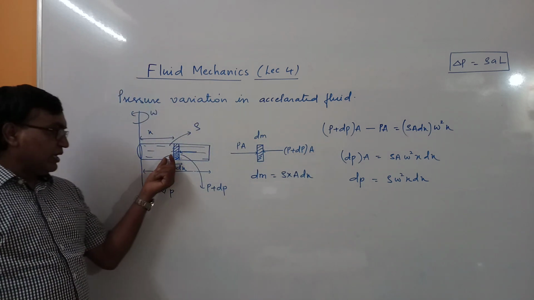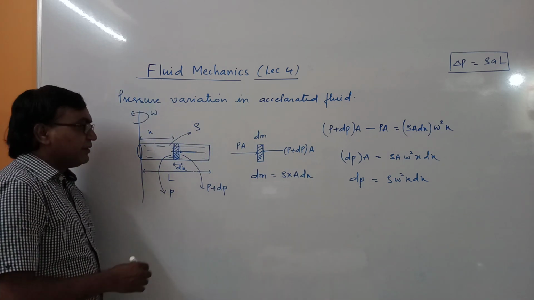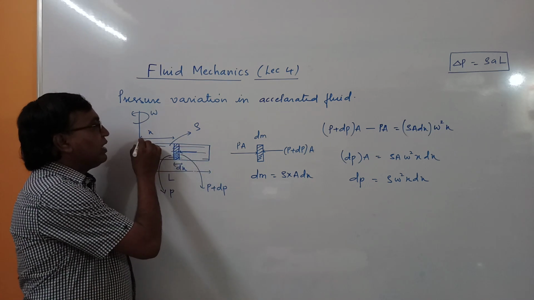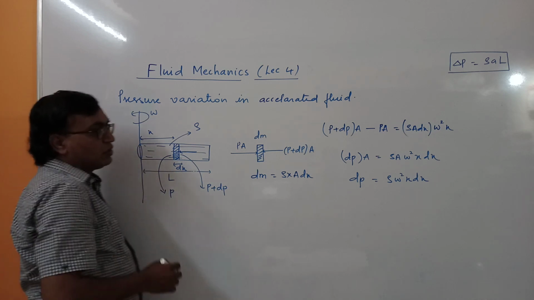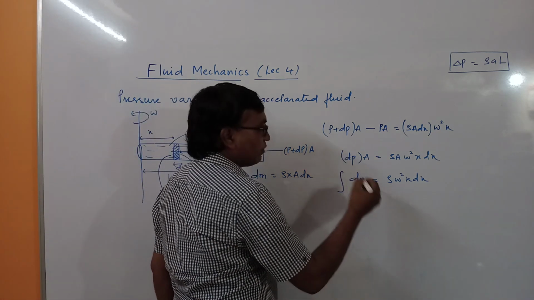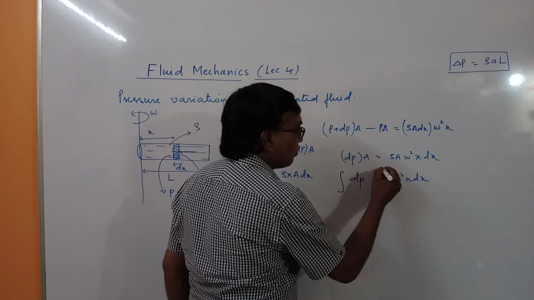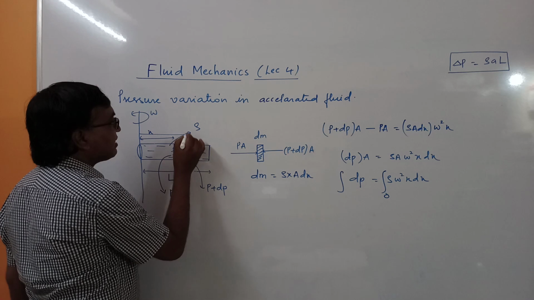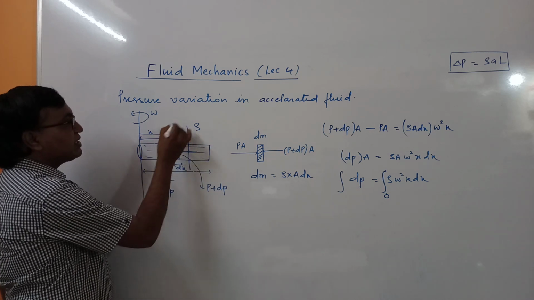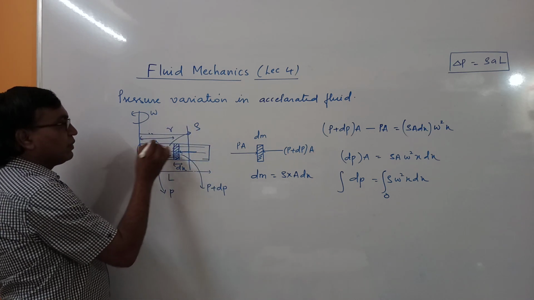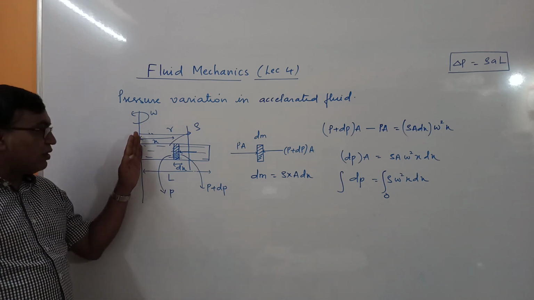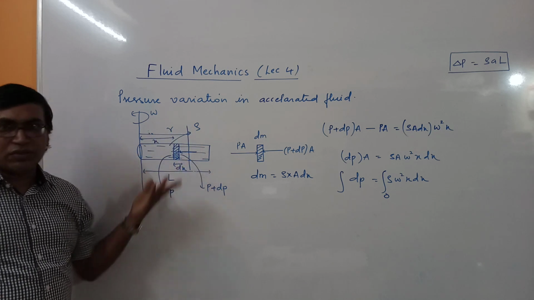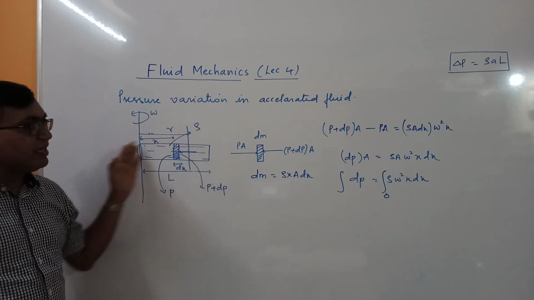Now we have to integrate. Let us say you want the difference in pressure from the axis to a point at distance x. So we will integrate from 0 to x, or you can take radius r till this point. So this distance is r. We want the pressure difference from the axis till a distance of r. You can take till L also, there is no problem. So r is a variable.